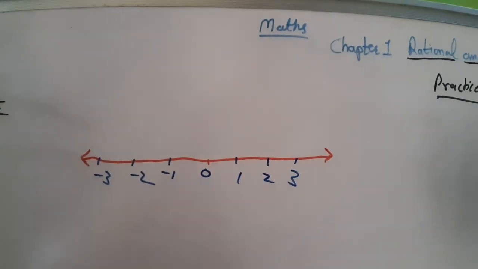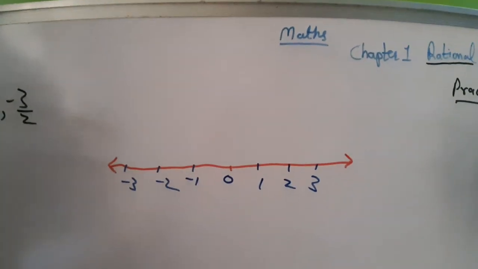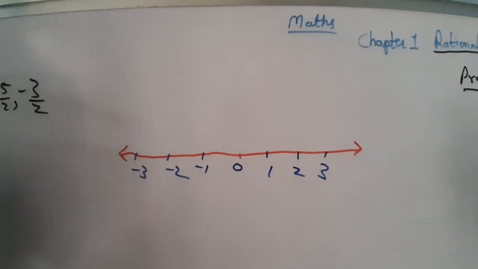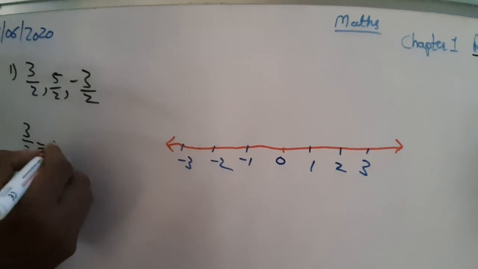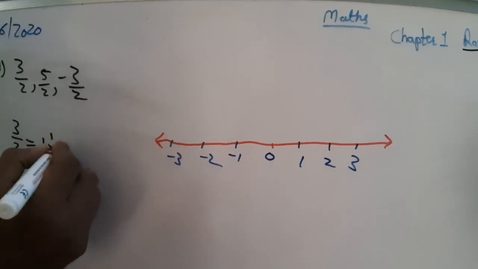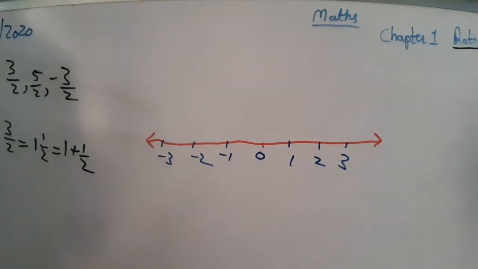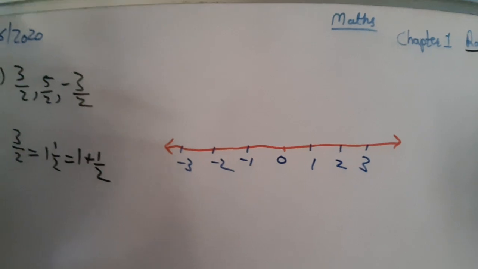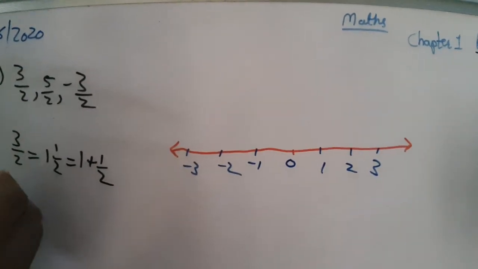What is given? Concerned children, here the first is given 3 upon 2. If I divide 3 by 2, I get 1 and 1 upon 2. This I can write as 1 plus half. When you divide 3 by 2, 2 ones are 2, 1 left, 0.5, means 1 and a half.